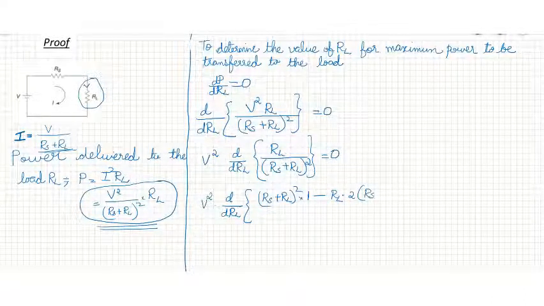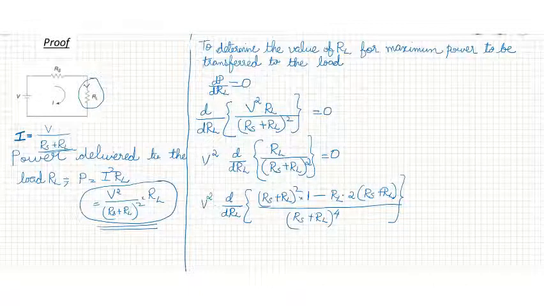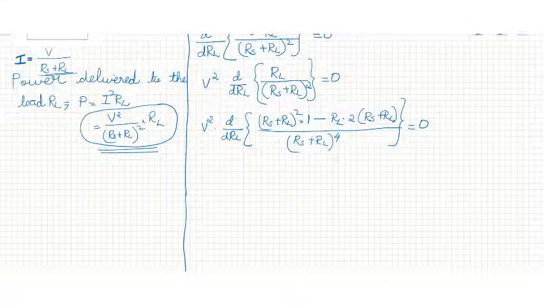That is 2 into (Rs plus RL), divided by denominator square, (Rs plus RL) to the power 4, is equal to 0.